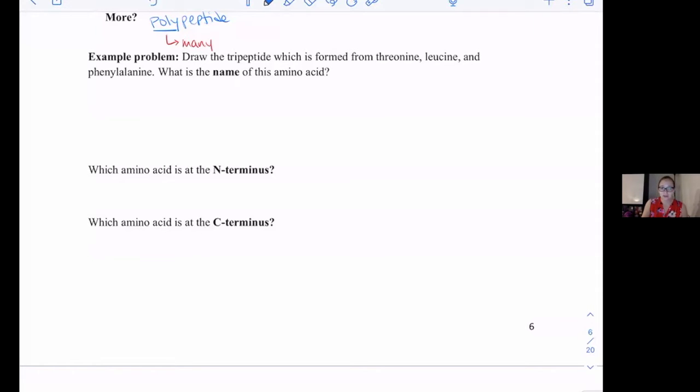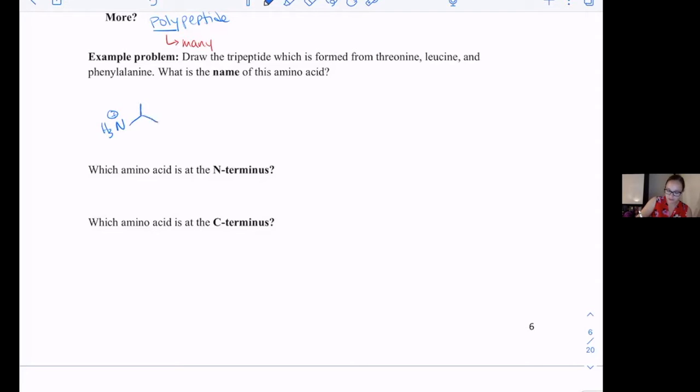So one thing that we do when we draw proteins or peptide chains is that we always write starting with the nitrogen. So we're going to start with our first nitrogen, NH3 plus. And then I have a carbon where I have my R group here.